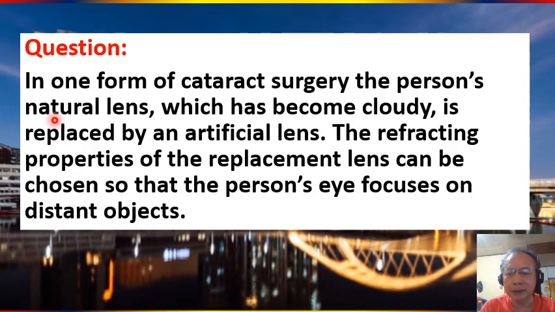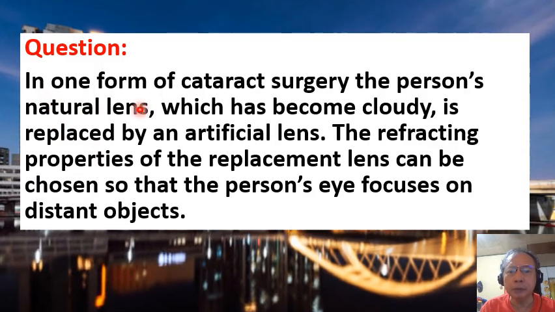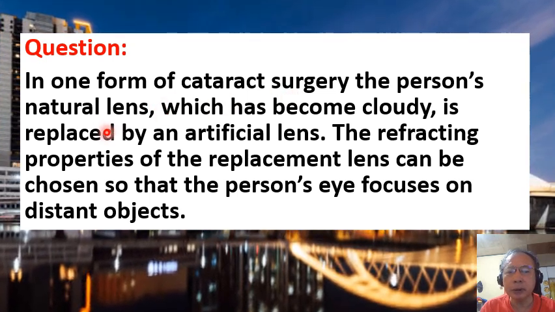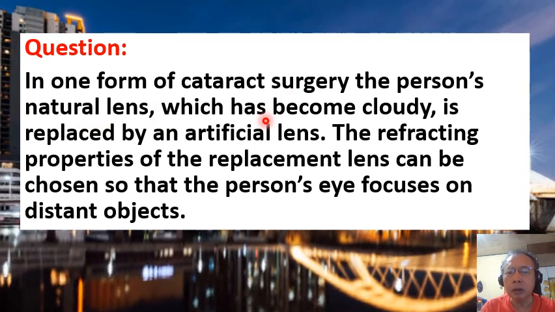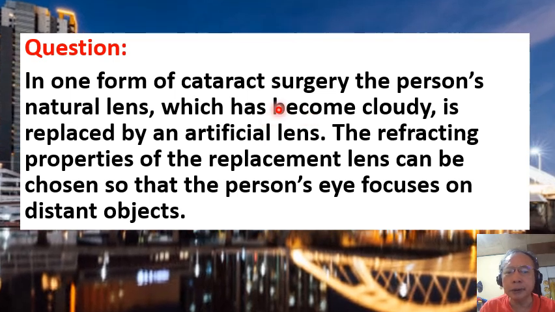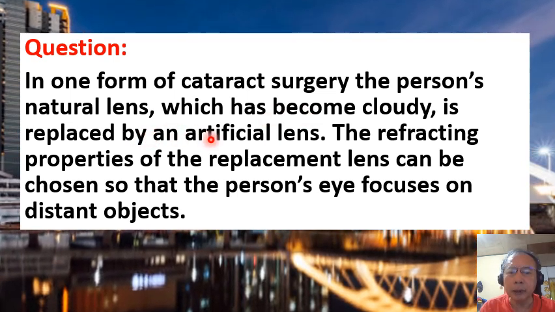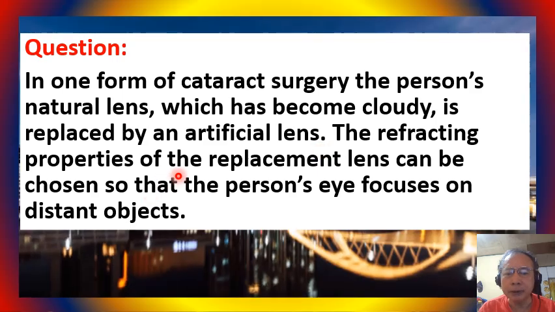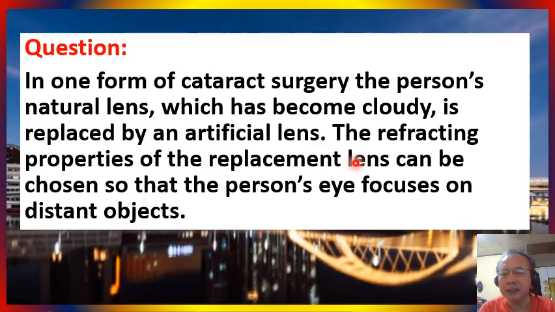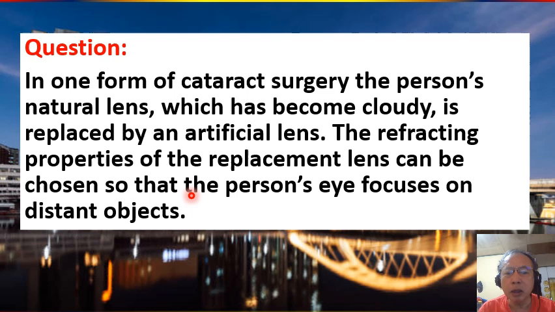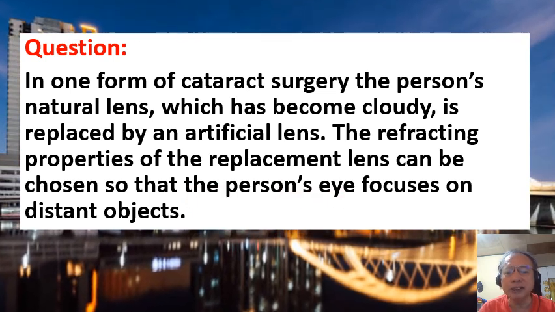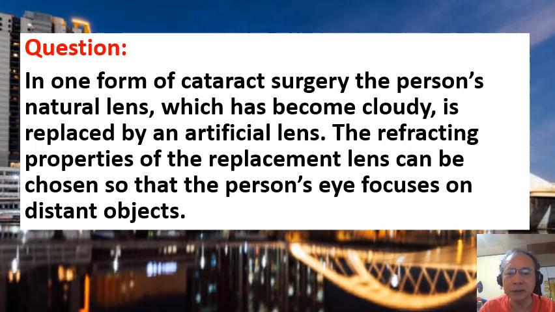The question is, in one form of cataract surgery, the person's natural lens, which has become cloudy, is replaced by an artificial lens. The refracting properties of the replacement lens can be chosen so that the person's eye focuses on distant objects.